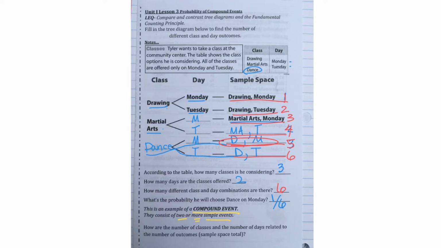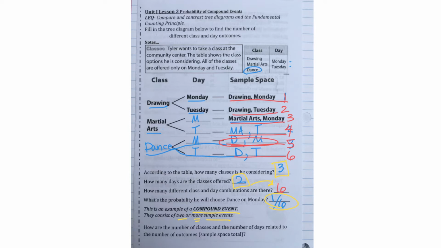So when we look at the last question here, how are the numbers of classes and the number of days related to the number of outcomes? This is our outcome. So when I look at my 3 and my 2, I'm thinking, how do I get that 6?